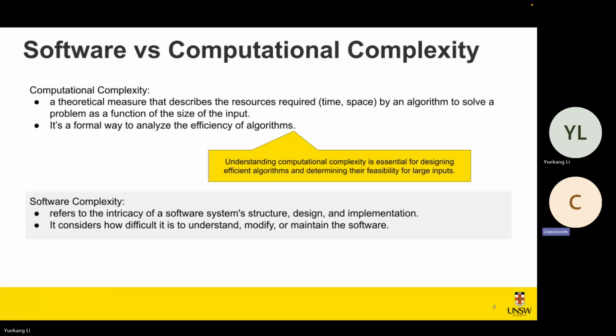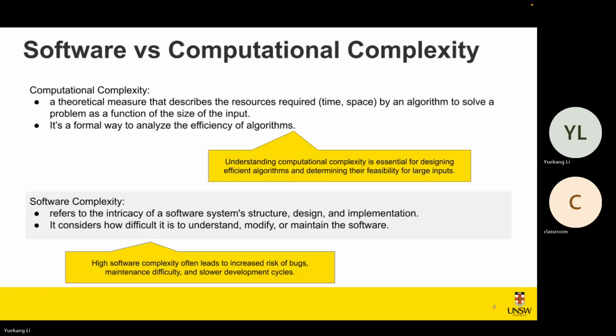But software complexity is different. It is used to measure the structure of the software system, and to help think about how difficult it is to understand, maintain, or update the software. It has nothing to do with the actual computation, or the computational resources used when executing the software.